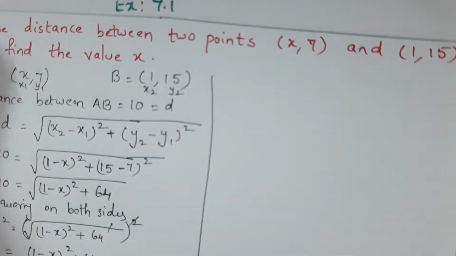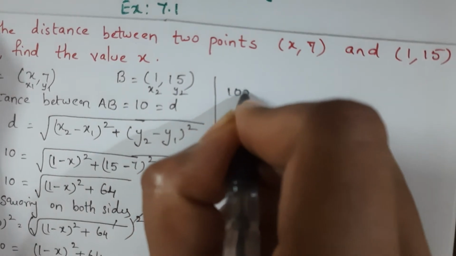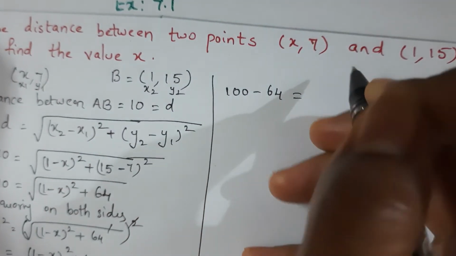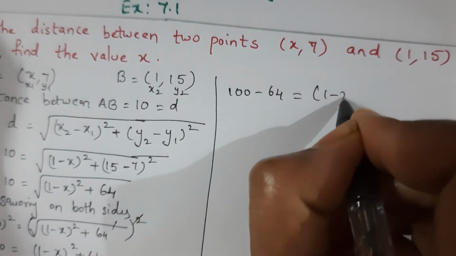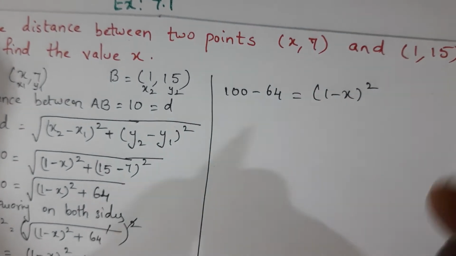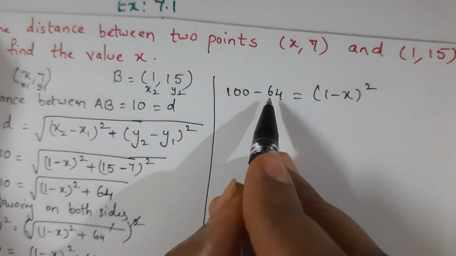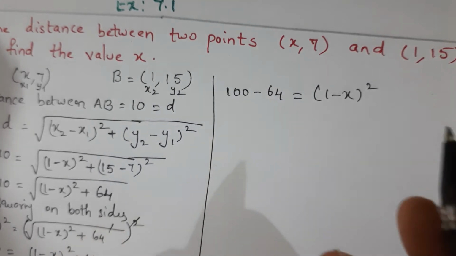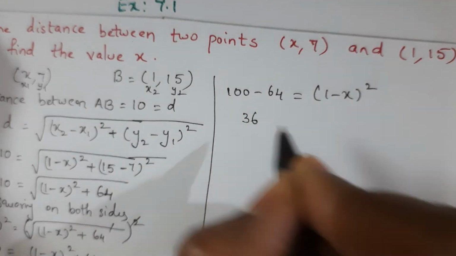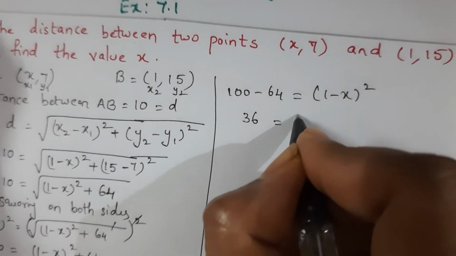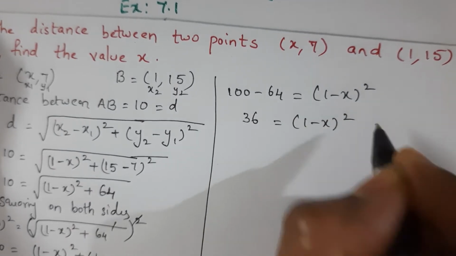So 100 minus 64 is equal to 1 minus x whole square. Now 100 minus 64 will have 36 is equal to 1 minus x whole square.